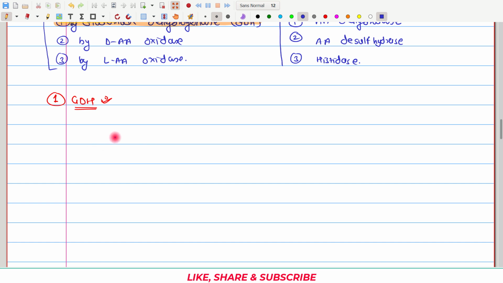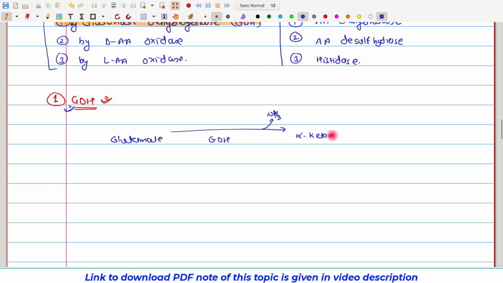And luckily, we have an enzyme, glutamate dehydrogenase, that can rapidly remove the amino group from glutamate. By its action, the amino group is released as ammonia, NH3, and the remaining carbon skeleton is alpha ketoglutarate.